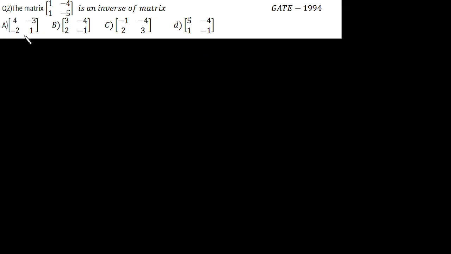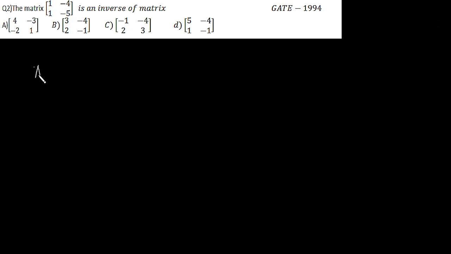Now let's solve question number 2. Question 2 says the matrix, again a 2 cross 2 matrix, is an inverse of a matrix. This time we are given the inverse and we have to find the matrix corresponding to this inverse from the options.